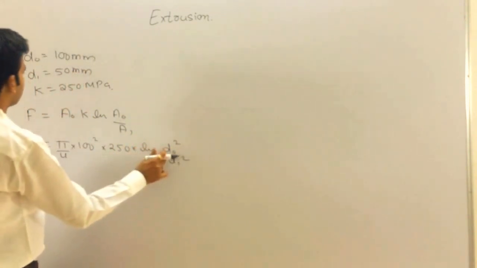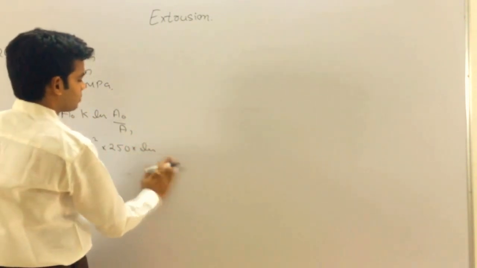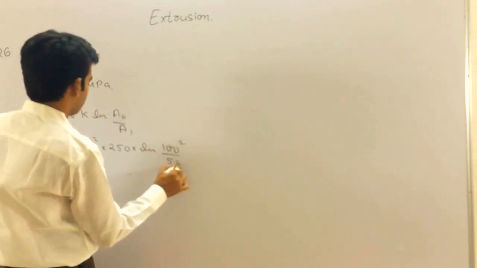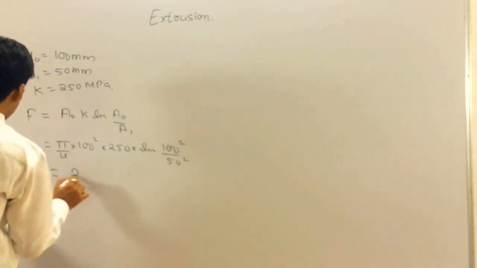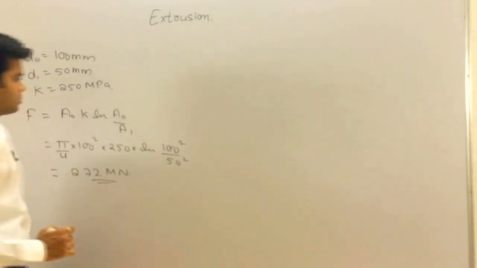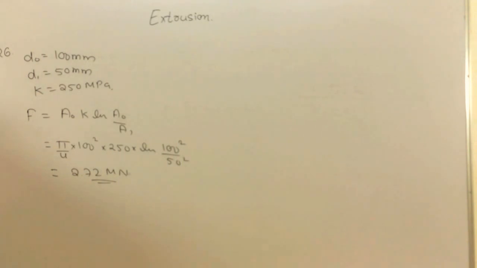So just put the values: d naught is 100 square upon 50 square. From here you will get 2.72 mega Newton. Answer. Getting this now? Okay, so this question was asked in GATE 2003 for mechanical, and the same question was repeated for production in GATE 2005.